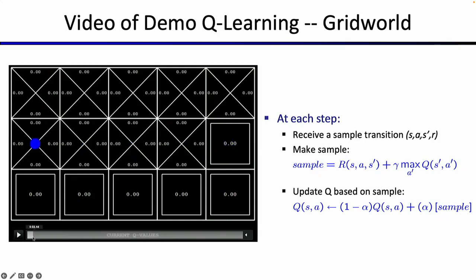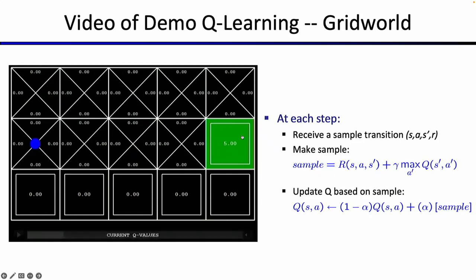The first time around, the person moved the agent and we landed in a state where we encountered a reward of 10.